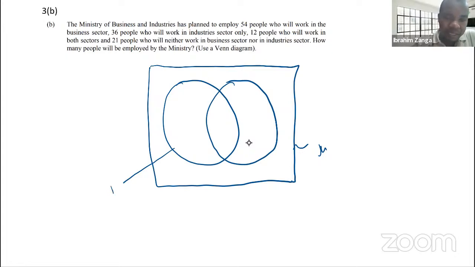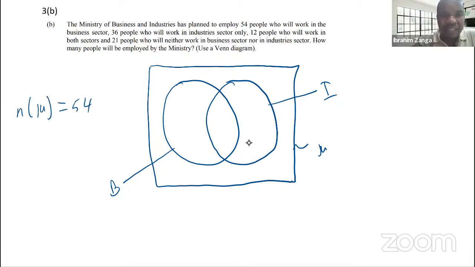So let it be set B. And this one here will be representing those who are going to work in the industry sector. Okay. And we were told that the number of all people, so number of the universal set, is going to be 54.